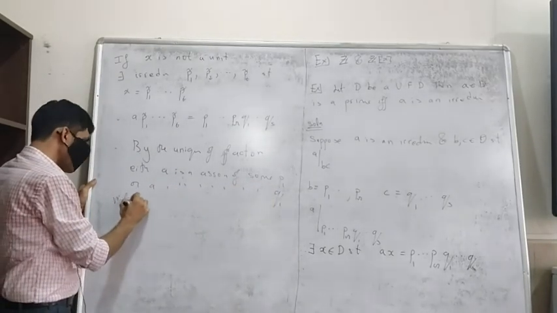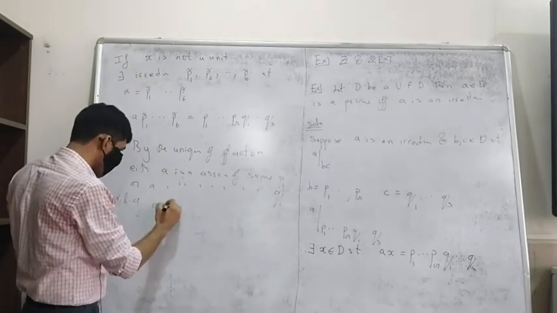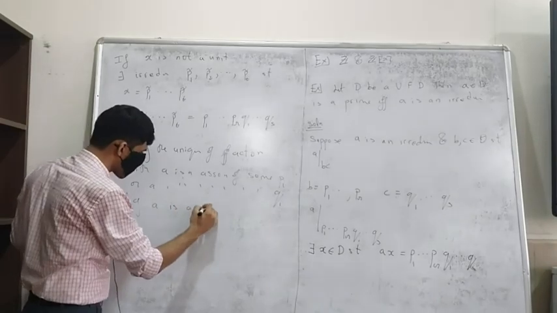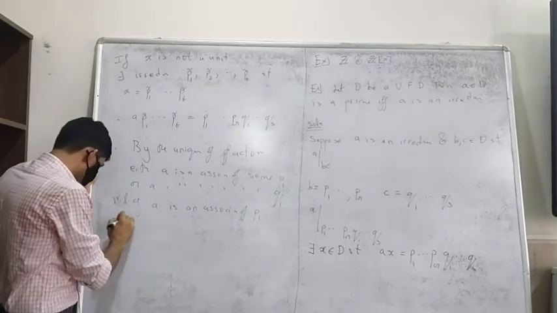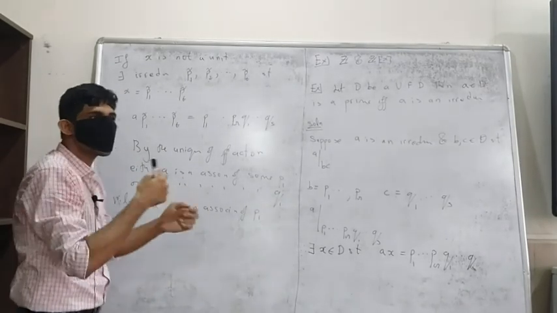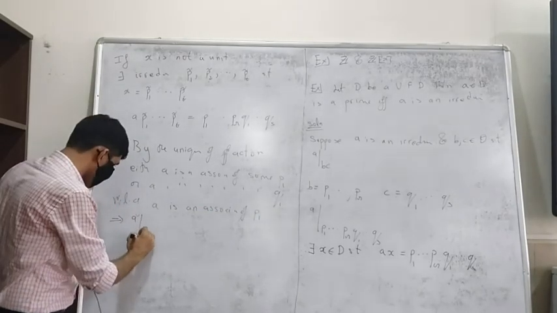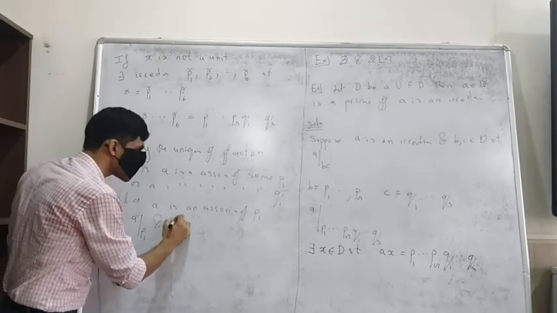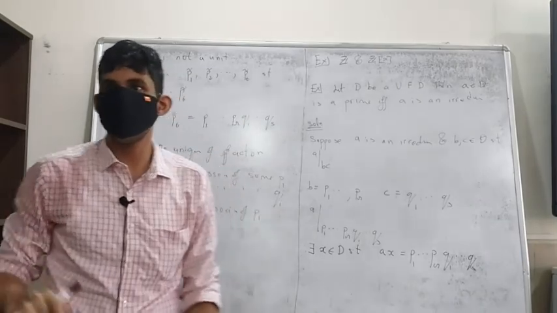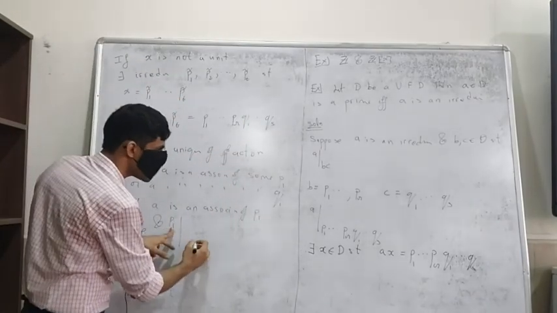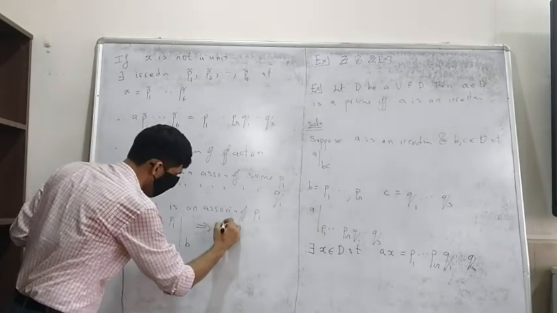Without loss of generality, we can assume that A is an associate of some Pi. But if A is an associate of Pi, associates all divide each other. That means A divides Pi, and Pi divides, this is true, you can prove this in general, that if A divides B, B divides C, then A divides C. We also know that Pi divides B, so this will mean that A divides.